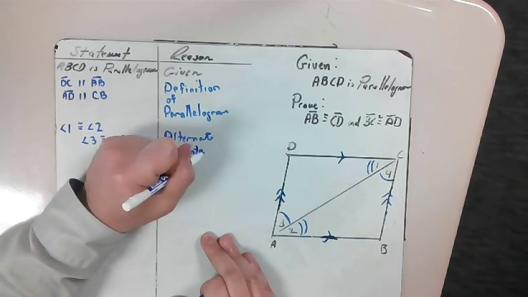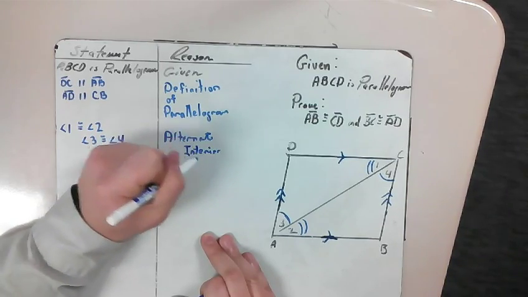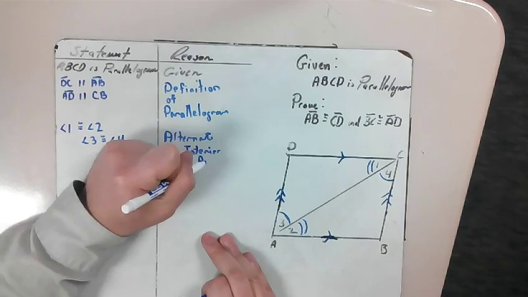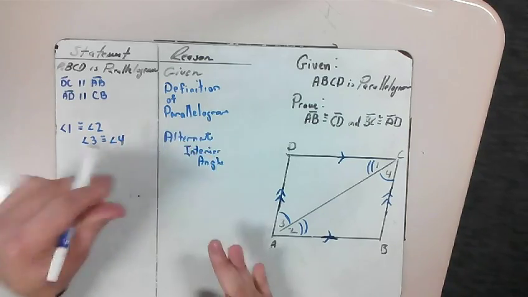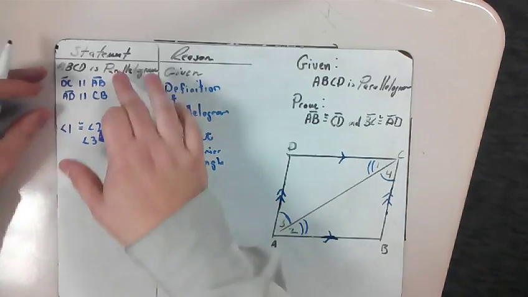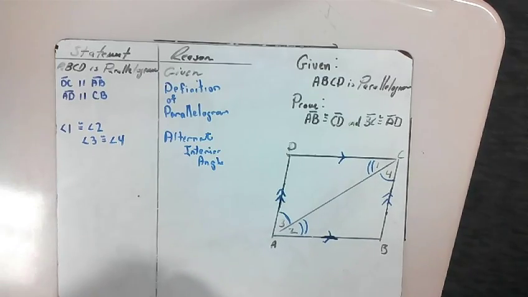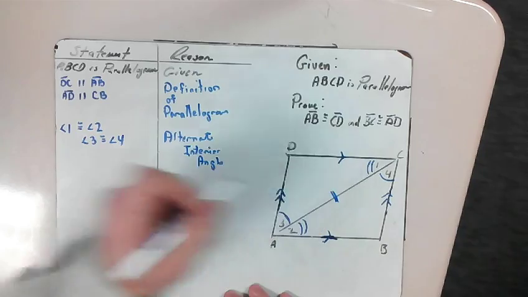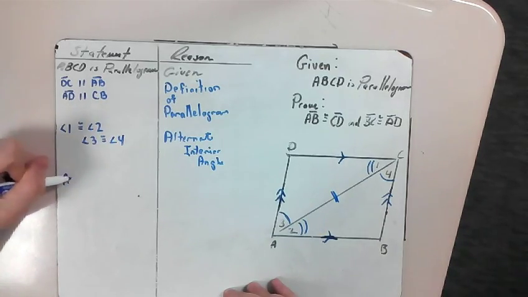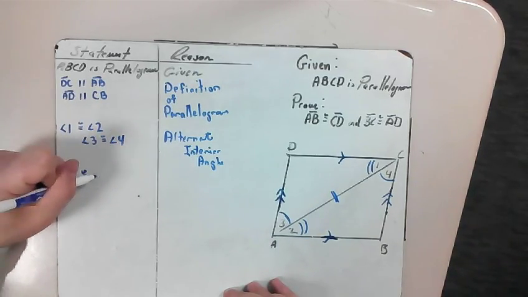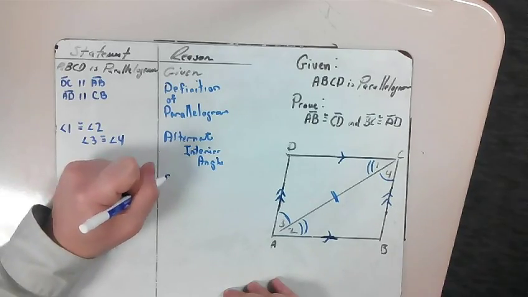Notice that I pointed out the parallel lines first, then I pointed out the alternate interior angles. We cannot have alternate interior angles without the parallel lines. Now we go to our classic stuff that we know. I have my shared side here, so AC is congruent to AC, and that's because it's a shared side.